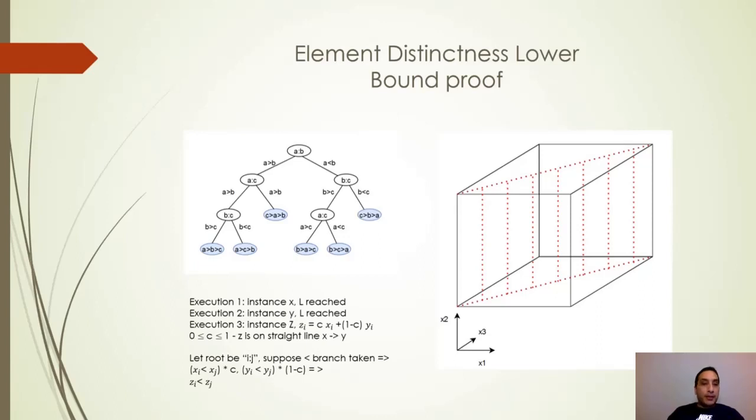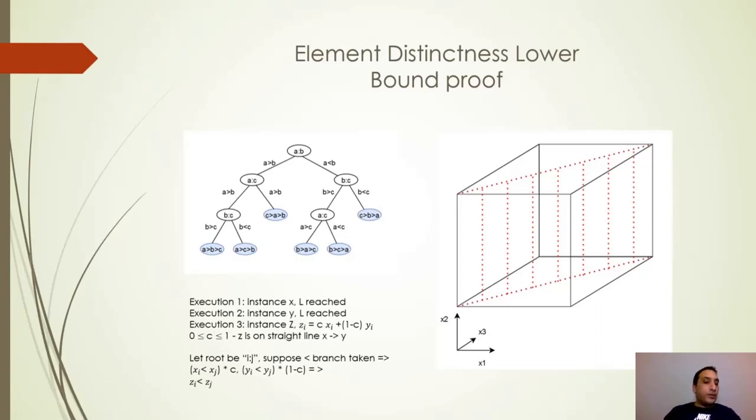And we'll notice that if c equals 0, that means zi equals yi, while if c equals 1, then zi will equal xi. And we're kind of making z a straight line from x to y.